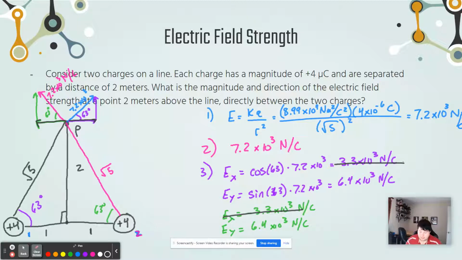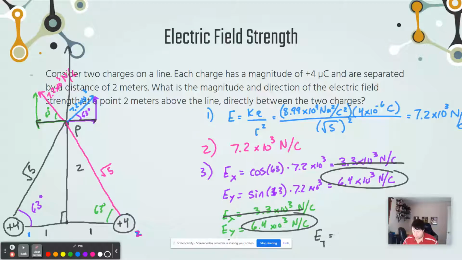And then to find the total upward, I simply need to add the y components of those two vectors. So 2 times 6.4 times 10 to the third is, I'll call that E total, 1.3 times 10 to the fourth newtons per coulomb. And that would be in the upward direction.